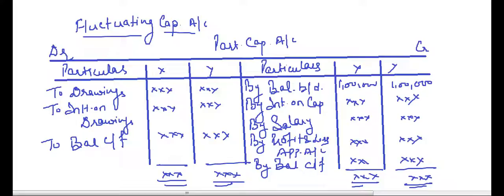So in the examination, in the absence of any information whether the capitals are fixed or fluctuating, you have to always follow the fluctuating capital method. Please note this down. Okay, clear? Fixed and fluctuating capitals.